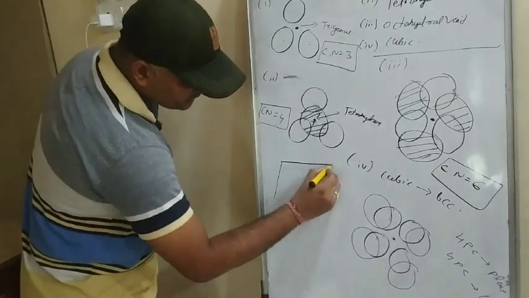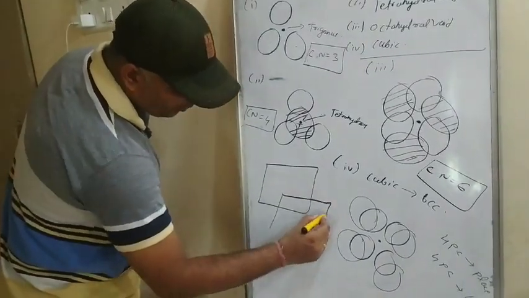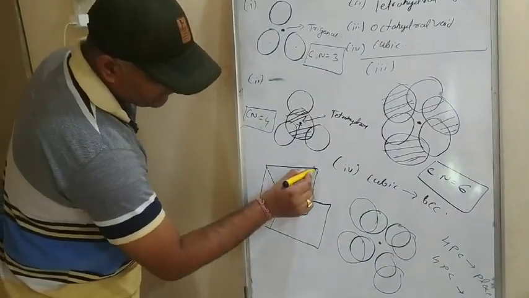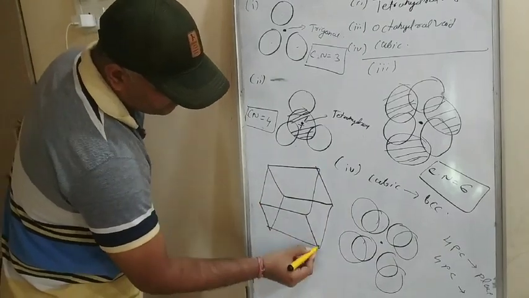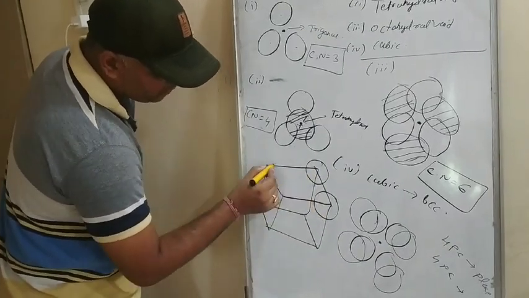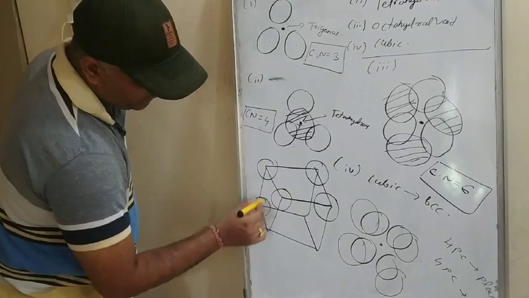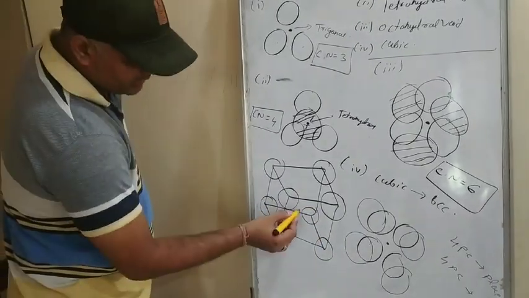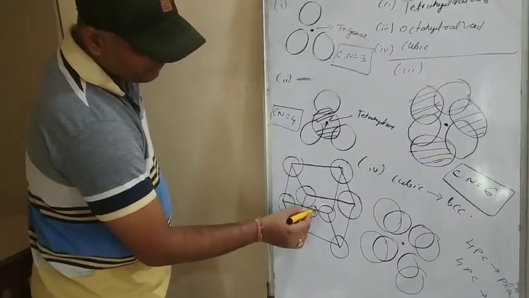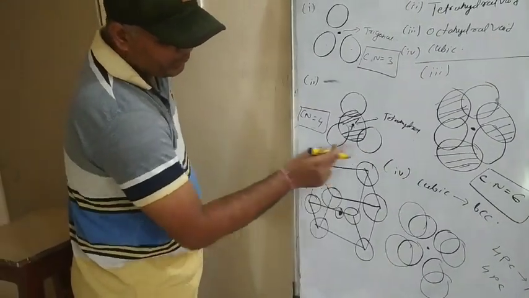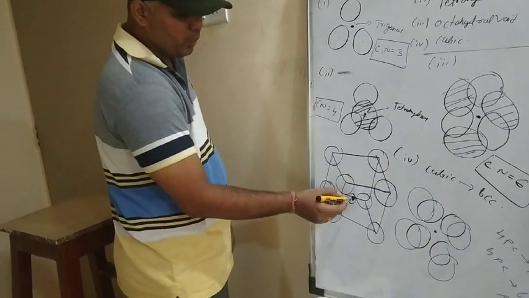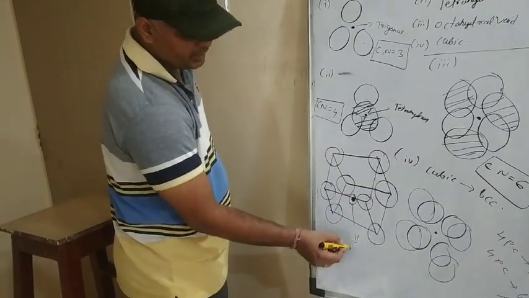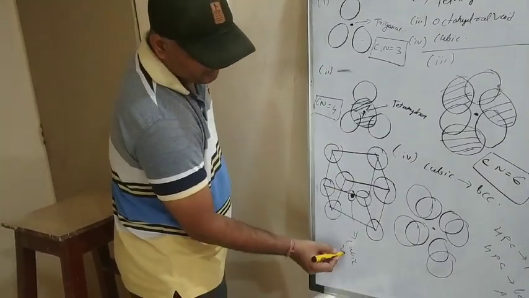We can also draw this cubic void like this for a body centered cubic lattice, BCC lattice. 1, 2, 3, 4, 5, 6, 7 and 8, and at the center of the body there is a hole. So between the 8 particles one void is formed, that is said to be the cubic void.